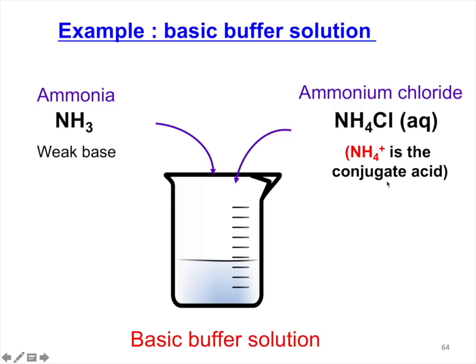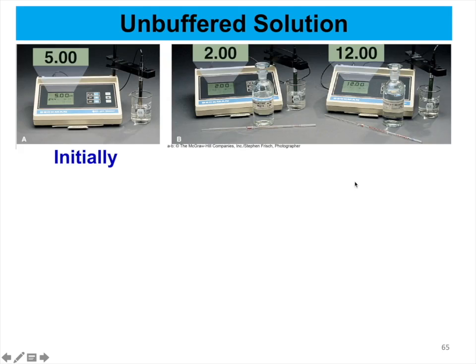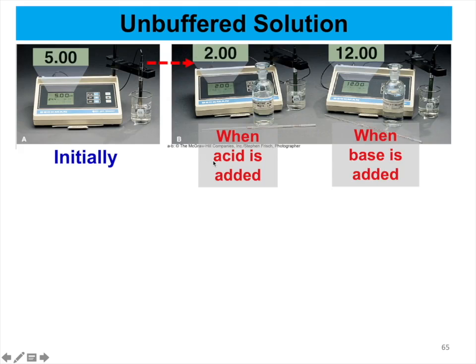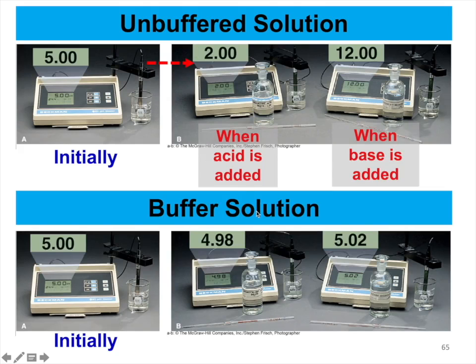So here we are going to compare unbuffered solutions and buffer solutions in terms of pH changes. Let's say the initial pH of the solution is 5.00. When strong acid is added, the pH is 2.00. So we can see that the pH decreased drastically, and when strong base is added, the pH increased to 12.00.